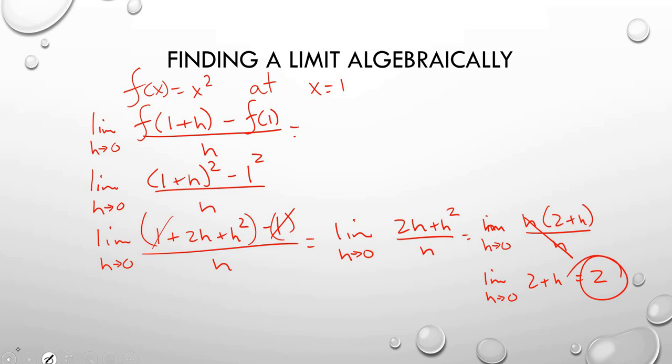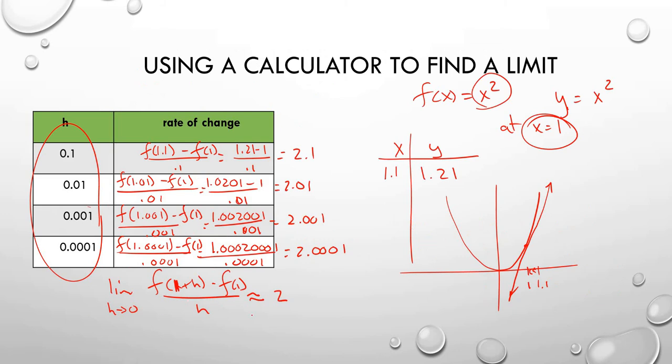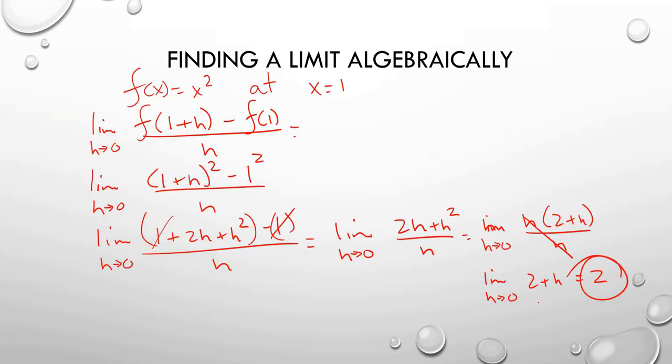Now with my table, from the previous screen, this was still an approximation. It was approximately 2. I can never get, using just this formula, a point on top of itself. I have to have two distinct points. But when I go to my limit, you see what happens, and I can calculate it exactly.